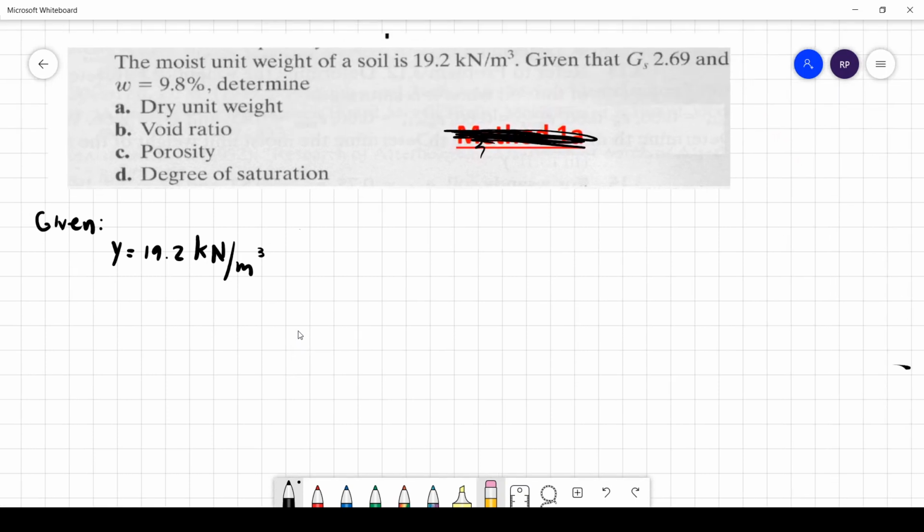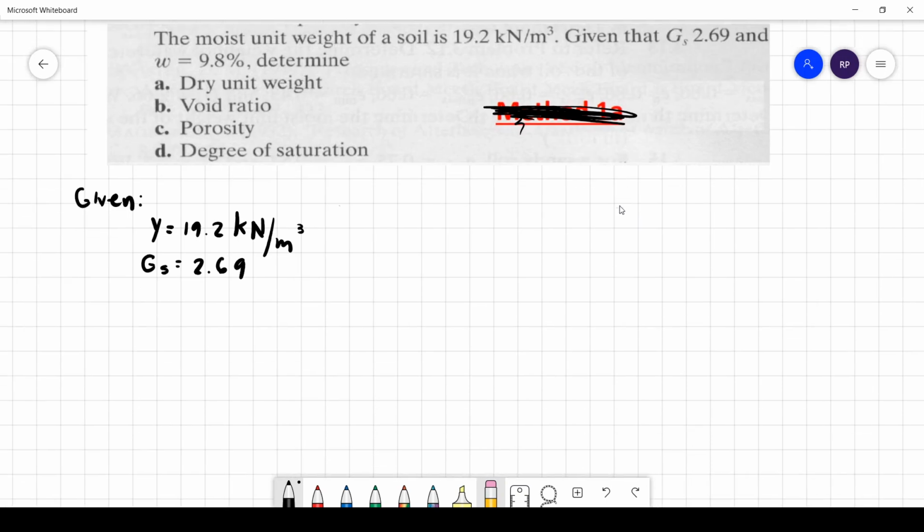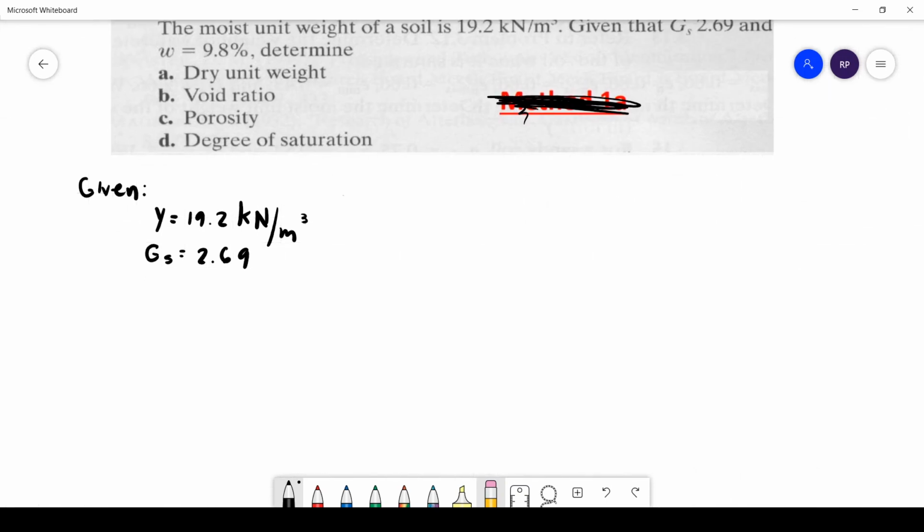Also we are given the specific gravity, that is Gs, 2.69, and lastly the moisture content W, that is 9.8%, or 0.098.